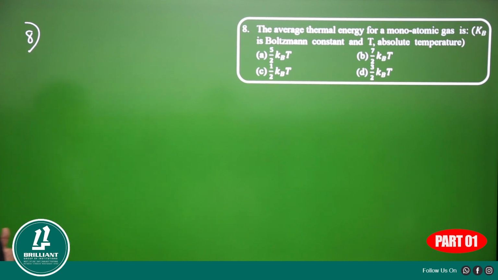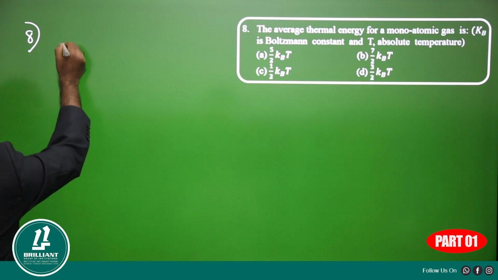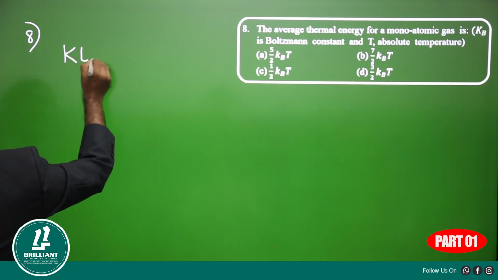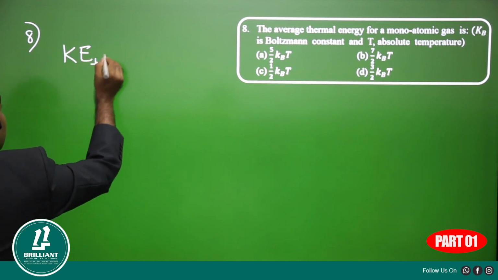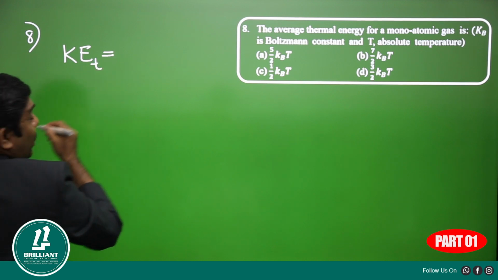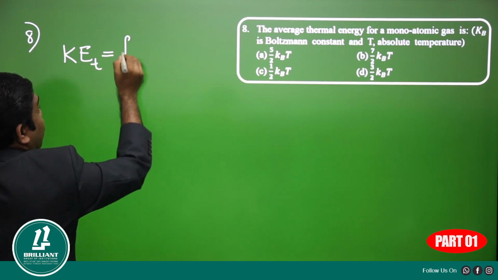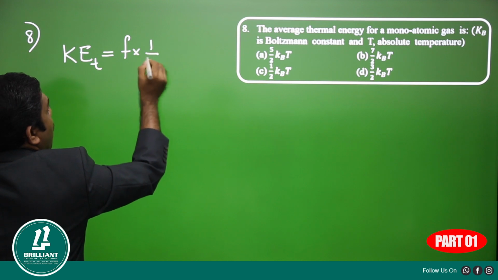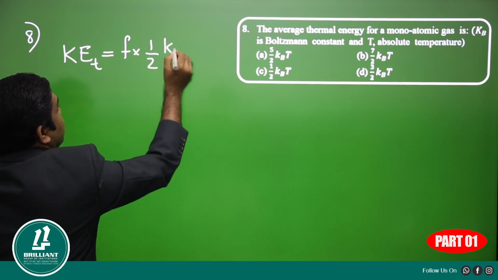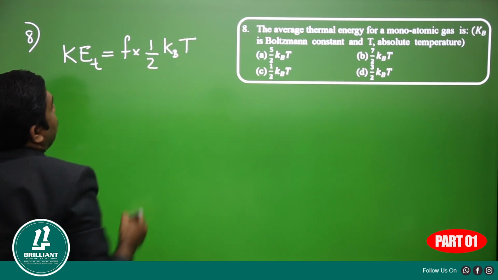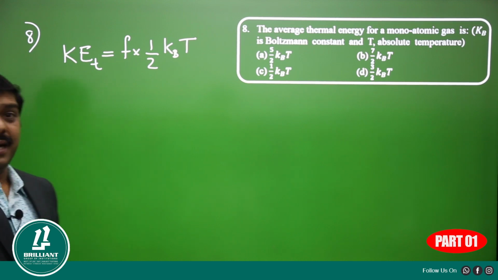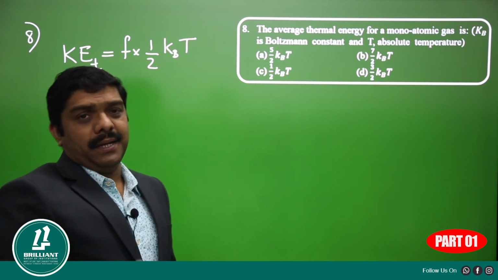What is the equipartition theorem statement? The average translational kinetic energy of a gas molecule is equal to f times half kBT. What is this f? f is degrees of freedom.